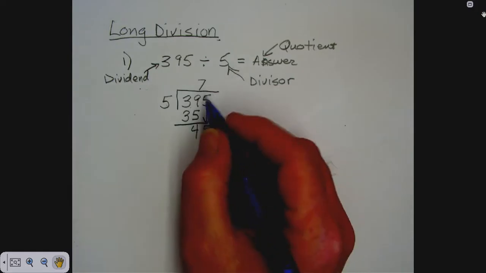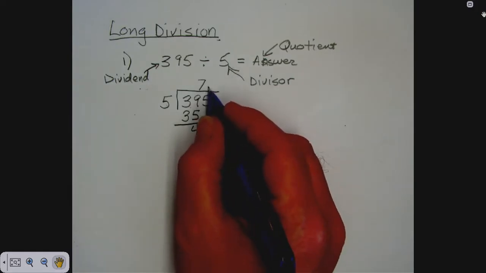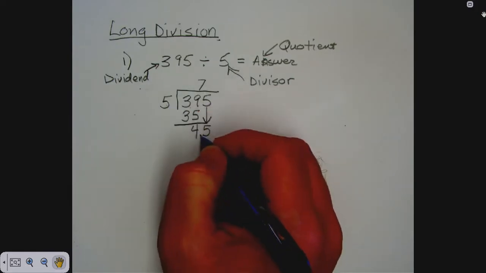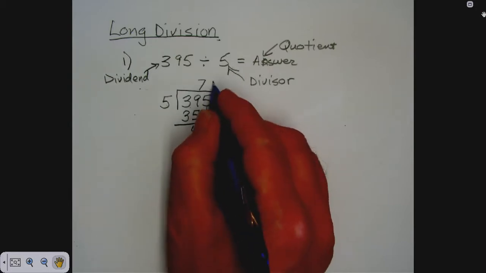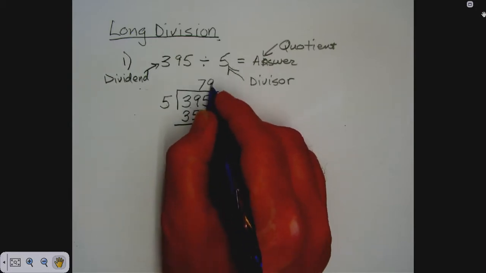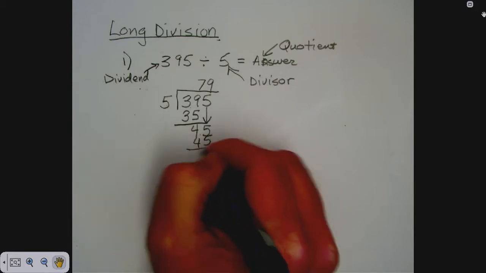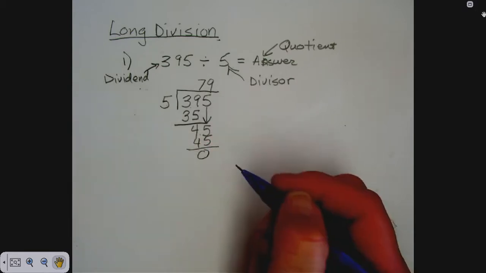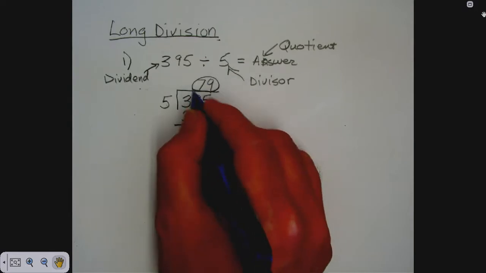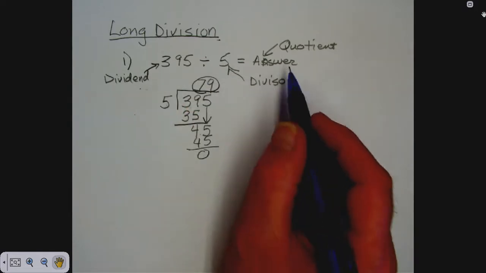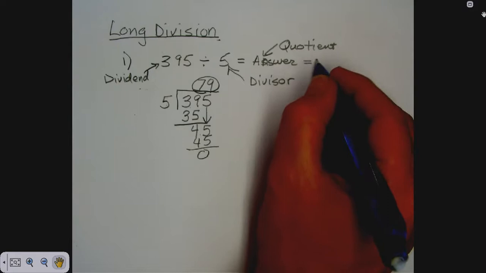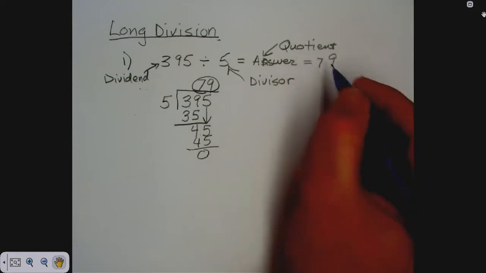Now, next question is, does 5 go into 45? It does. It goes in 9 times, and 9 times 5 is equal to 45, and we have no remainder. So our answer is 79, or a quotient. So here I could put, the answer here is going to equal 79.